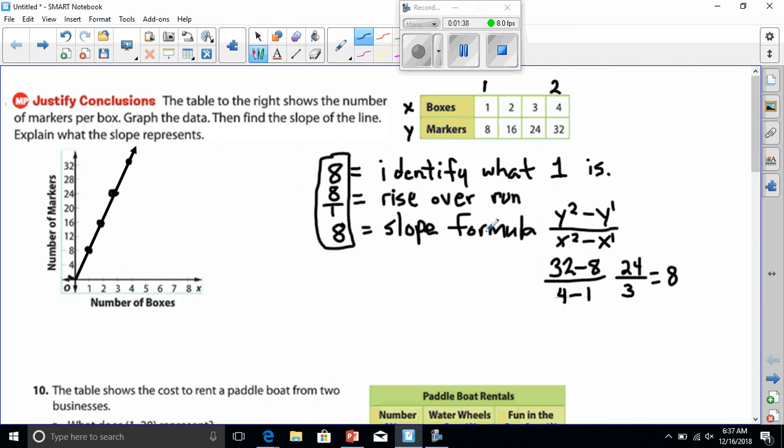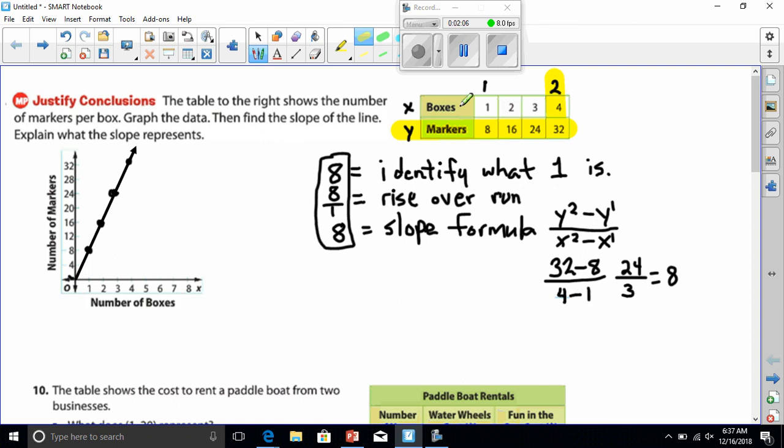The third way, I use my slope formula. This is y2 minus y1 over x2 minus x1. If I do this, I take my first column and my last column and label them 1 and 2. So y2 is going to be found at y and 2, we can see, at 32.